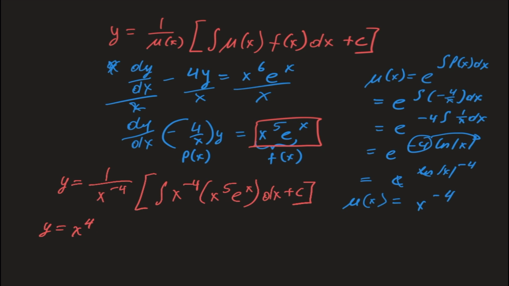Again, I'm going to bring the negative power up to the top, making it positive, times x to the negative fourth times x to the fifth will give me x to the first power, so integral of x to the first power e to the x dx plus c is the simplified version of what we had.